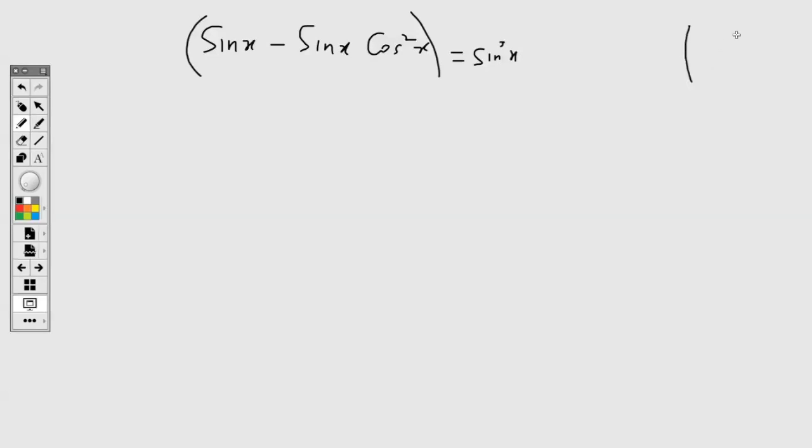For example, let's look at algebra when we have 2 minus 2x. The 2 is common, so I'd factor out the 2. And then when I factor out 2, you leave 1 as a placeholder here. This 2 is being removed, so you have minus x. So same concept, factor out sin x.